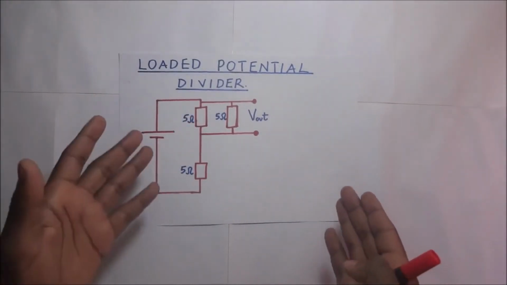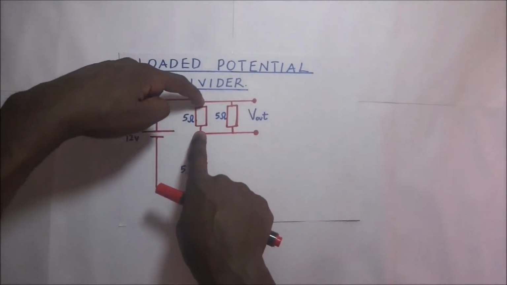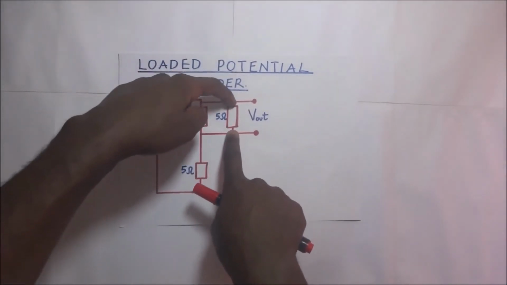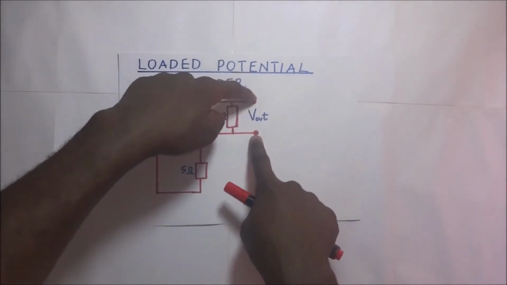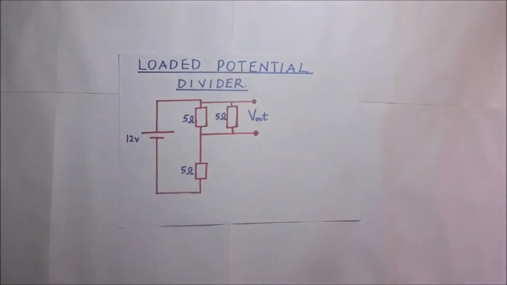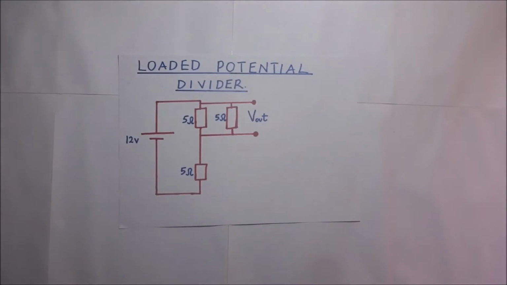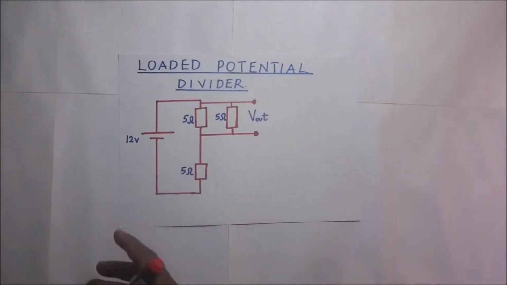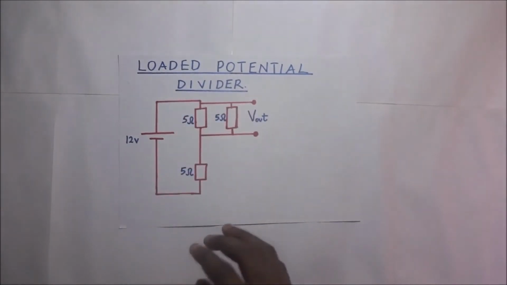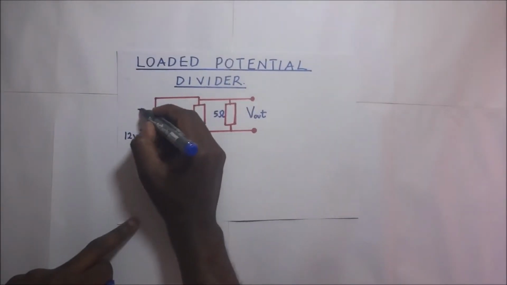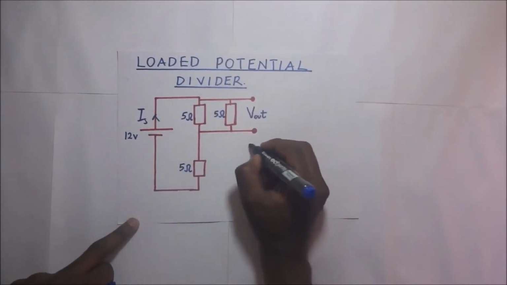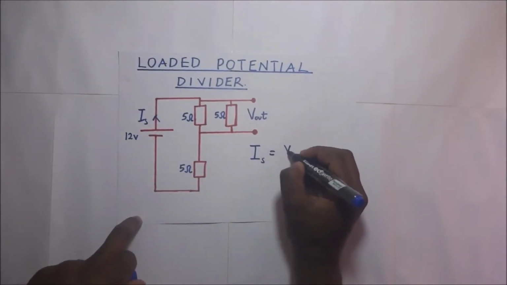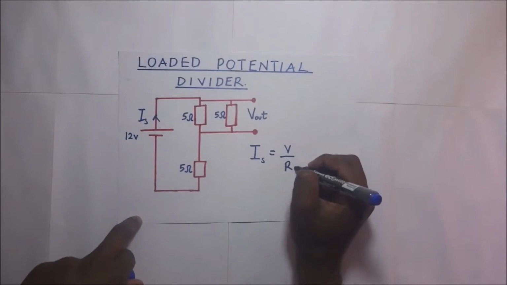Of course, we know that the potential difference across that resistor is the same as the potential difference across that resistor, and definitely it is the potential difference at the output terminals right there. So to find the amount of current flowing through this entire circuit, the current from the source, let's call it I_S, is going to be equal to the potential difference V over the effective resistance R.